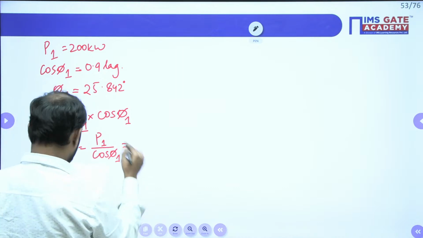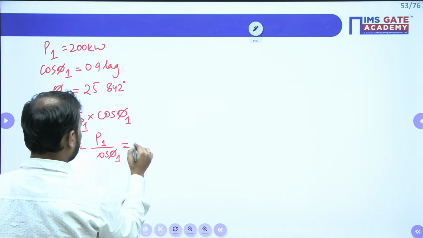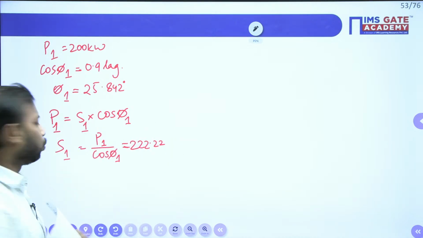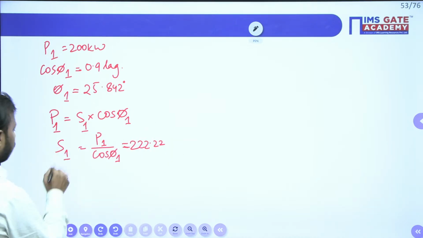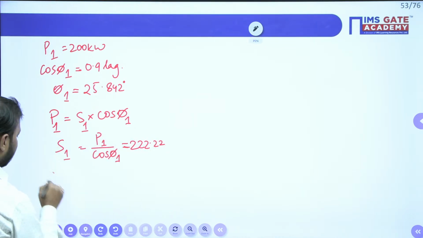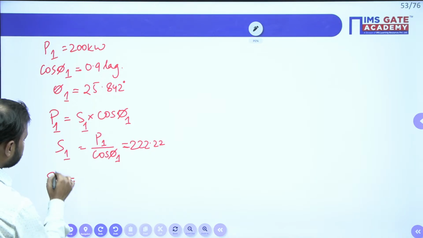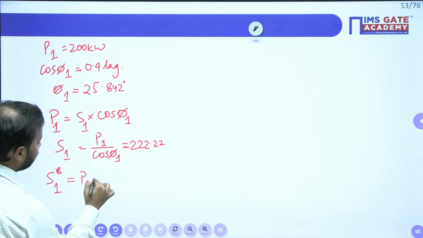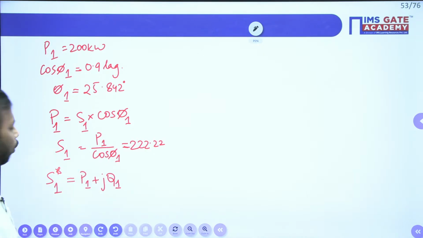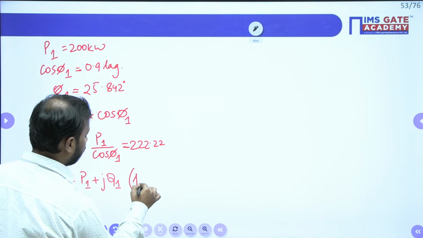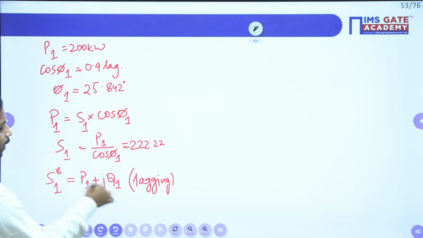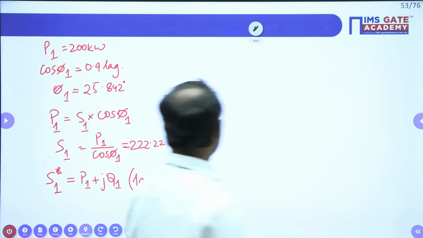So from here P1 by cos phi 1 is equal to 222.22. But this is what? S1. This is the apparent power. But in complex, this S1 is what? P1 plus jQ1. Here plus is for leading. Sorry, for lagging. The plus j is taken for the lagging power factor.